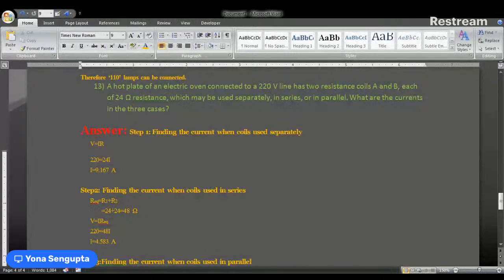Then V equals I R, where R is the equivalent resistance. So 220 equals 48 I, which gives us I equals 4.583 A. So this is number 2.